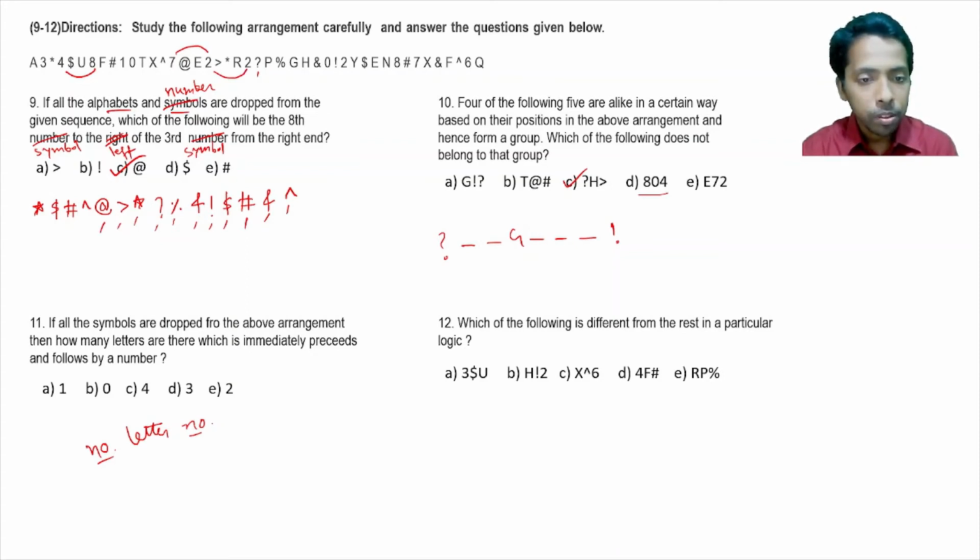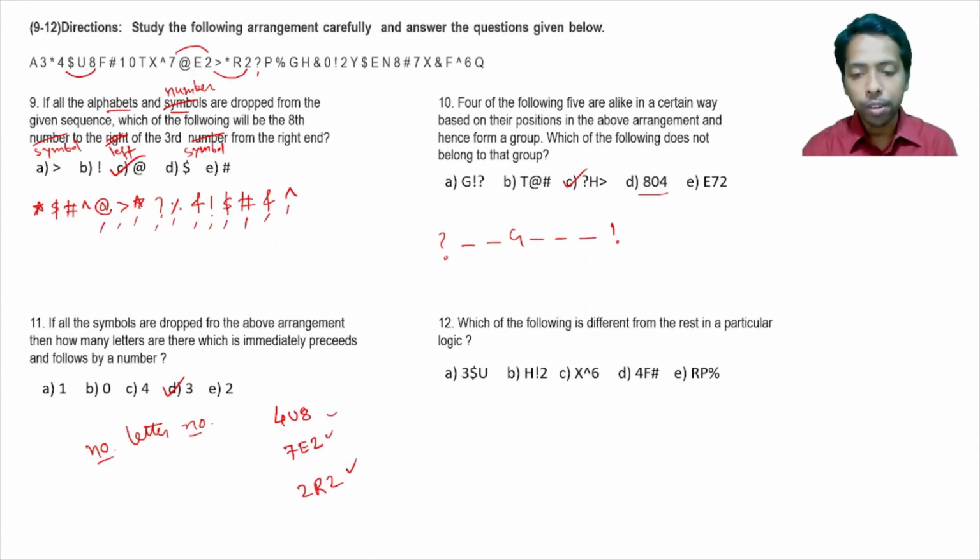Then P, no, not possible. G, H, 0, no. 2, N, 8, 7, X, F, not possible. So only 1, 2, 3. What are the sets? That are 4U8, 7E2, 2R2. So 3 sets. 1, 2, 3. So option D is the answer here, right?